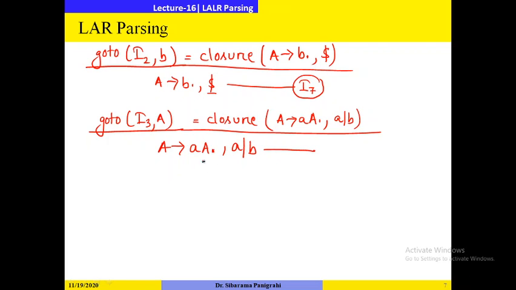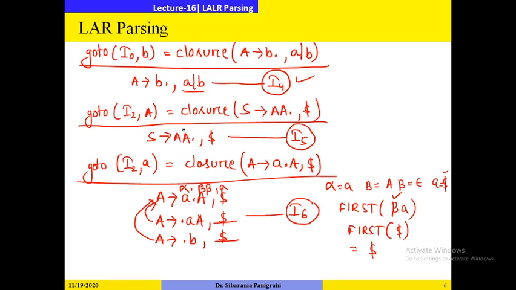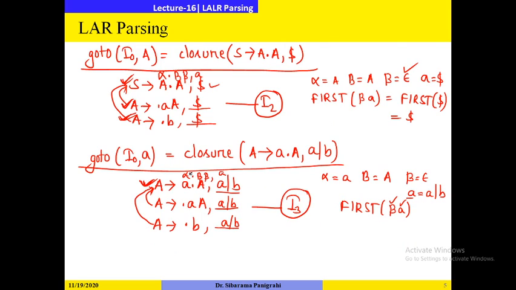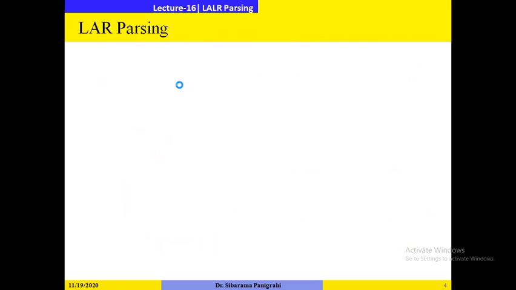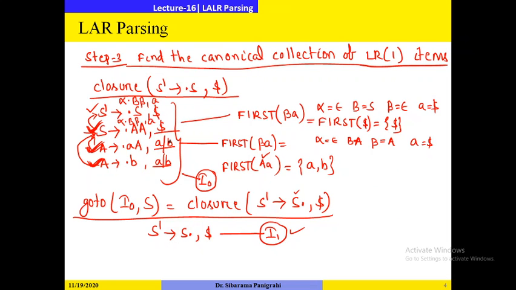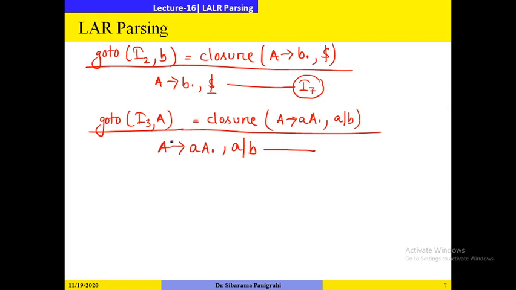Now you have to see whether this already exists or not. A gives to AA dot. Here there is no A gives to AA dot. Here also there is no A gives to AA dot. Here also no AA dot. So we have to give a new item number to this one, I8.